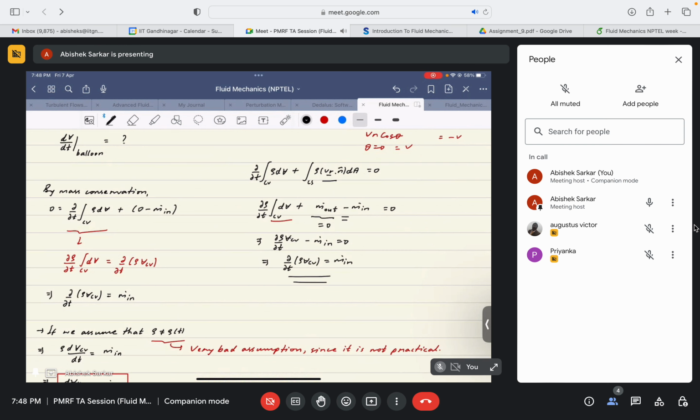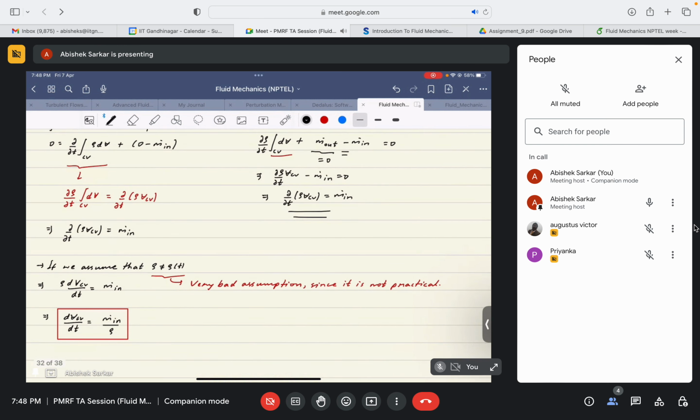And if you were to simplify it further, as Professor Chakraborty has done, assuming that rho is not a function of time, then we can directly take rho out of the integral, so it becomes rho del V_CV by del t is equal to m dot in.